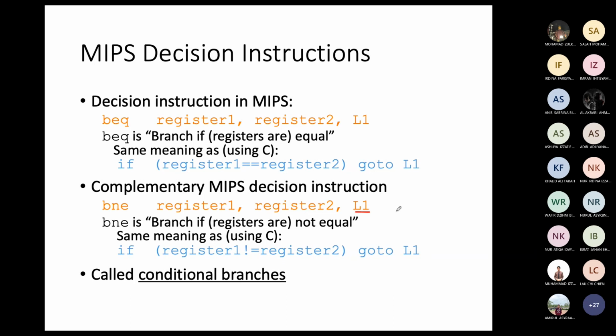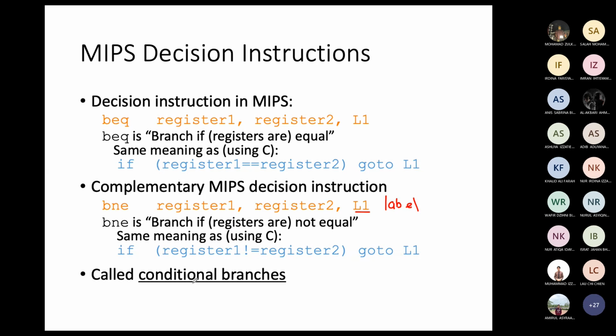L1 here is referring to the label. It's not a variable, it's a label. So if you write BNE register 1, register 2, L1, it means that if register 1 is not equal to register 2, go to label L1.